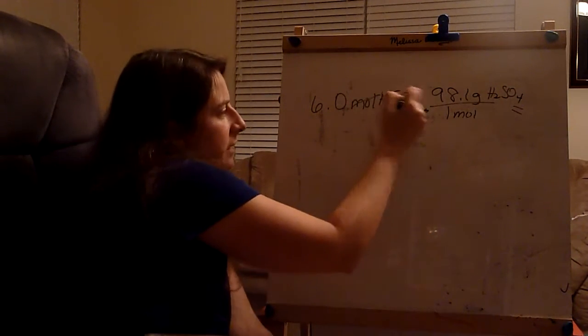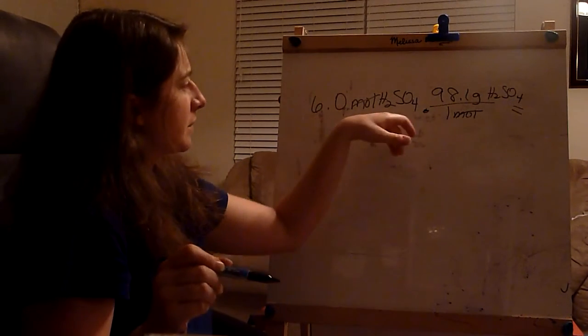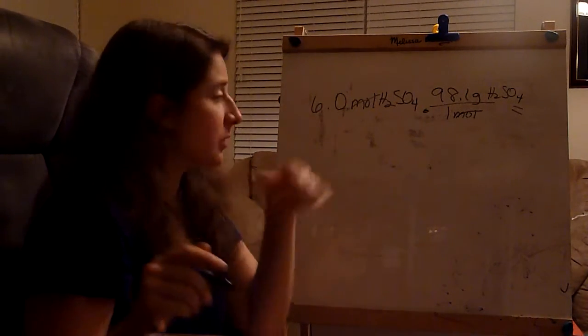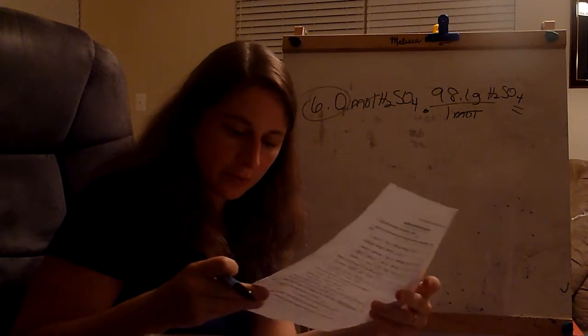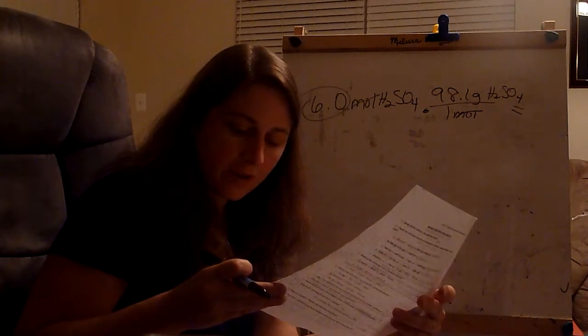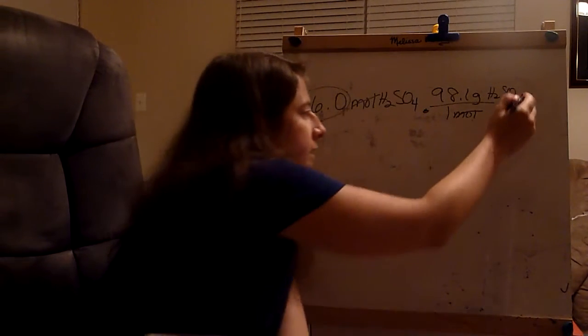So my moles cancel. I take 6.0 times 98.1. I can keep 2 significant figures because of this, and I find my answer to be 590 grams of sulfuric acid.